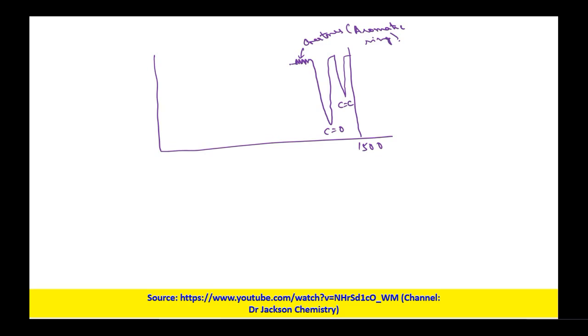Okay, then if we move forward, we can have C triple bond C and C triple bond N. Then we again move forward, we will be getting a double peak. So this is sp3 CH stretching, just before 3000.